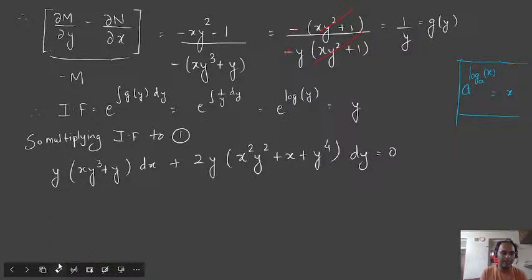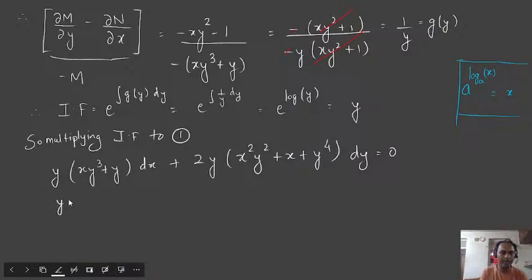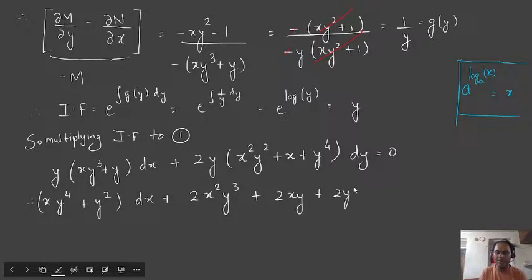Or we can even simplify this a bit more and then put a second to it. So what we will get now, we will get here y, you multiply here, so it is x y raised to 4, then there is y square dx, then here you have 2x square y cube plus 2xy plus 2y raised to 5 dy equals to 0.